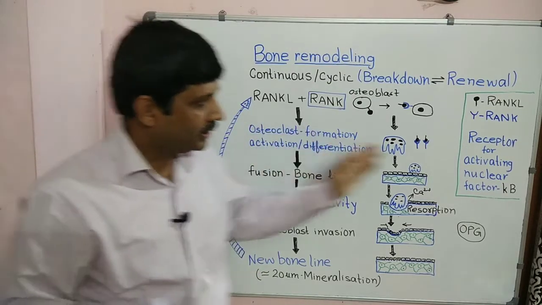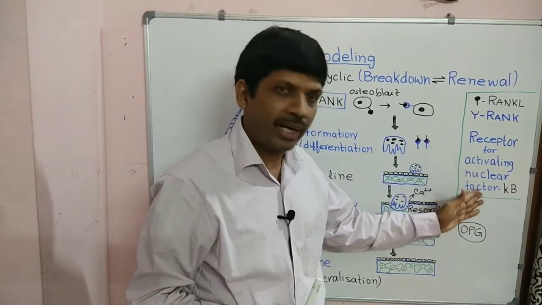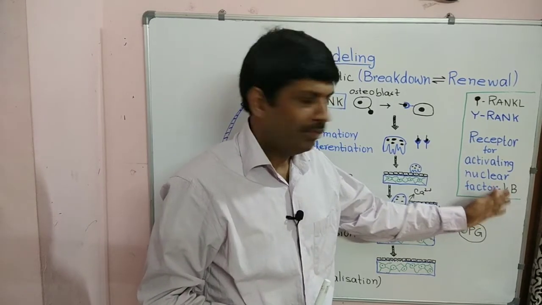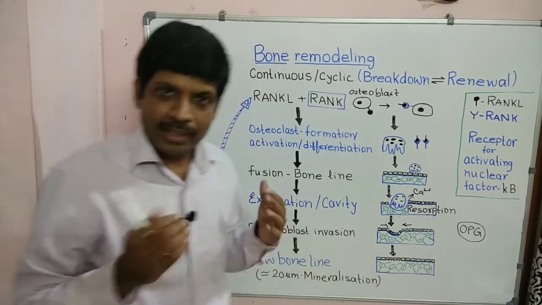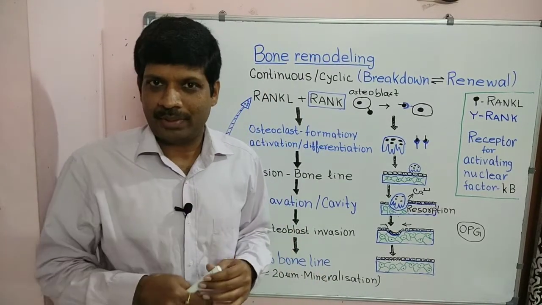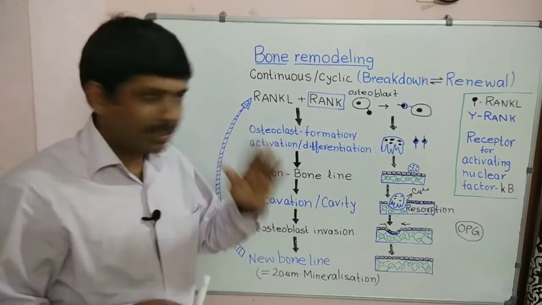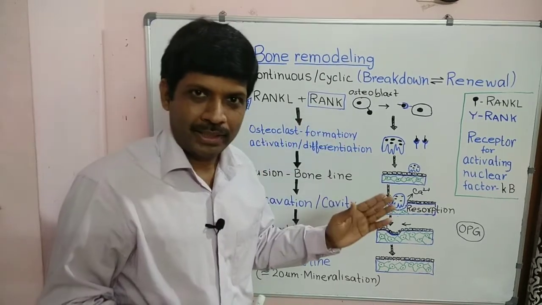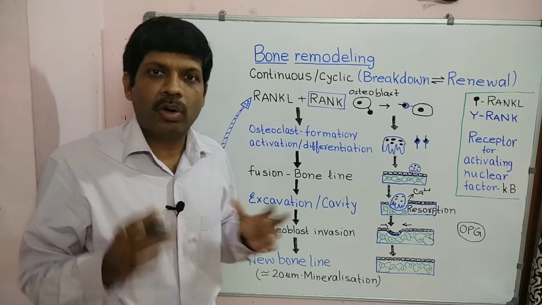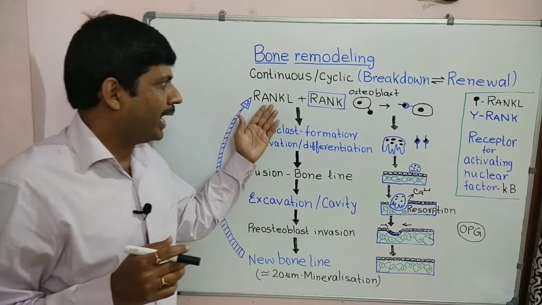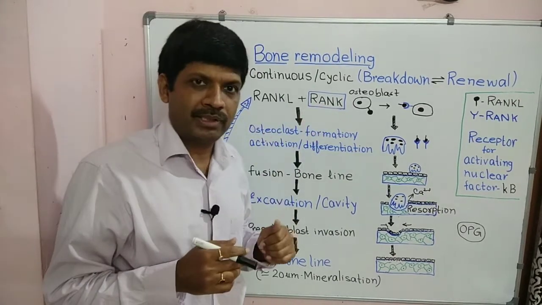The full form is receptor activator of nuclear factor kappa B ligand. When a ligand is there, there has to be a receptor, right? So the receptor name is RANK. You can remember it by the word rank, meaning designation or position. So we have RANKL as the ligand and RANK as the receptor.